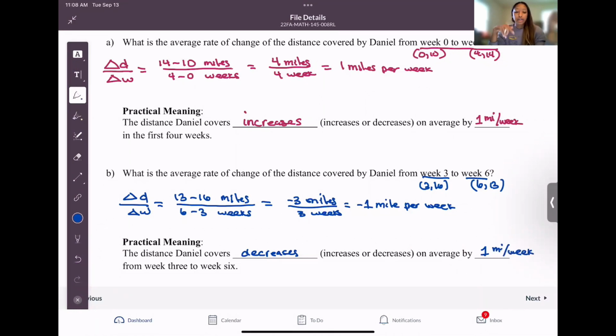Notice that I said that it decreased by 1 mile, not decreased by negative 1 mile. Saying that it's decreasing takes care of the negative. And then we want to explain how much it's decreasing by. It's decreasing by 1 mile each week. And remember, this just gives us an average to explain what's going on in those weeks. It's not exact, but it gives us a number that summarizes what's happening.